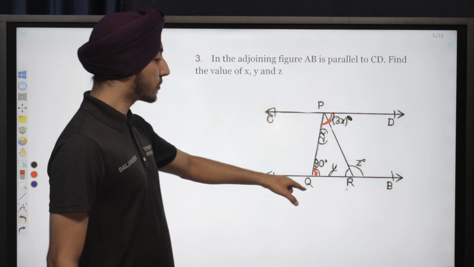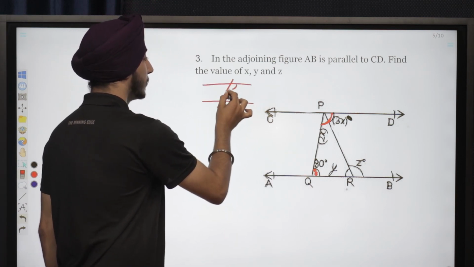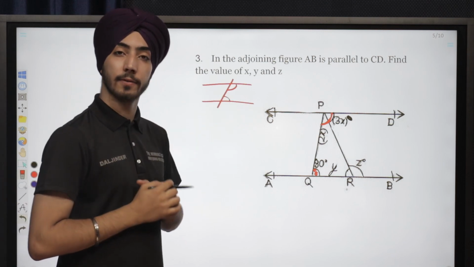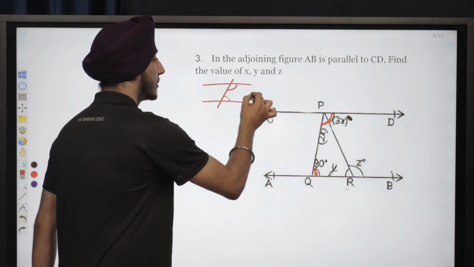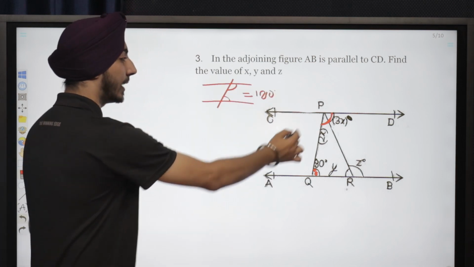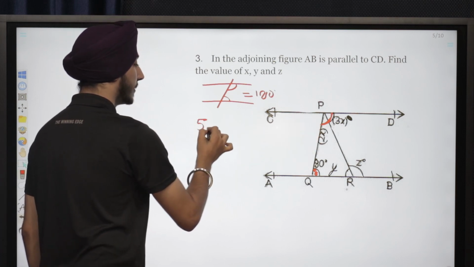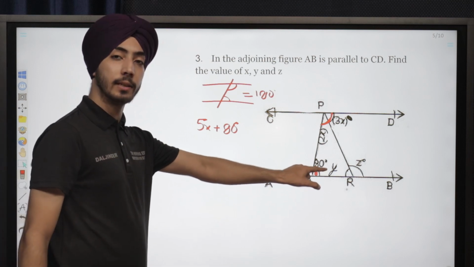If you remember in the previous question, we saw that if you have two parallel lines and there are two angles in between them, they are consecutive interior angles. And the sum of consecutive interior angles is how much? 180 degrees, right? So we'll add up both of them. So 5x plus 80 degrees, that is the other consecutive interior angle.